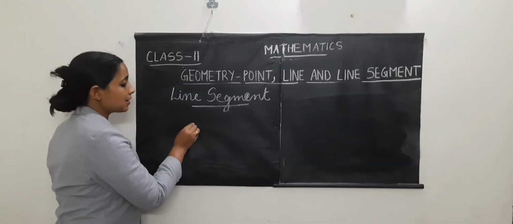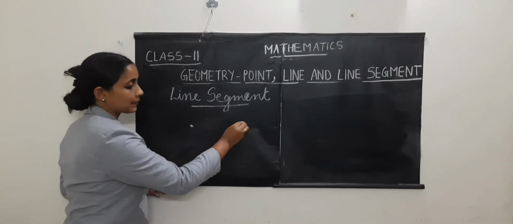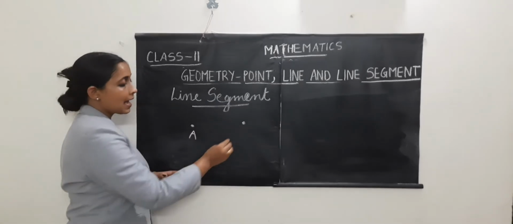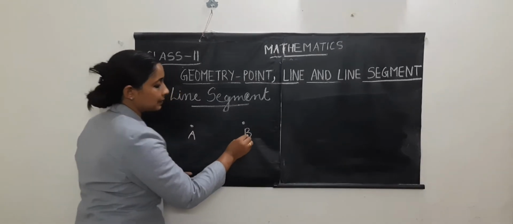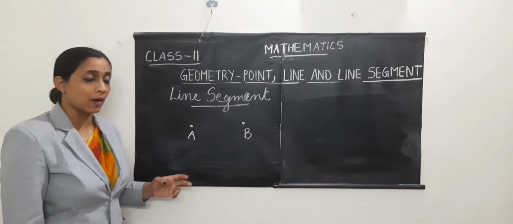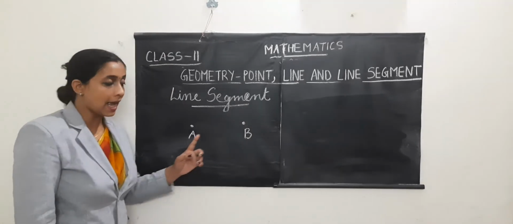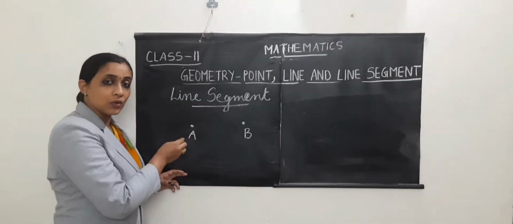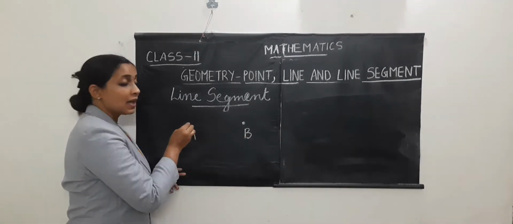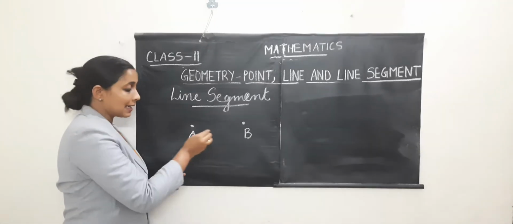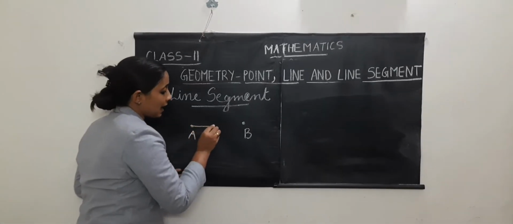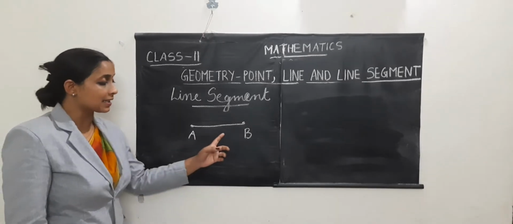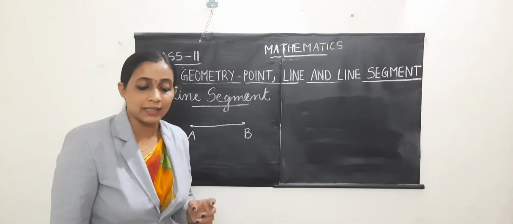First let us mark 2 points, and we'll write them as point A and point B. Now we are going to join these 2 points with a straight line. This is called a line segment.